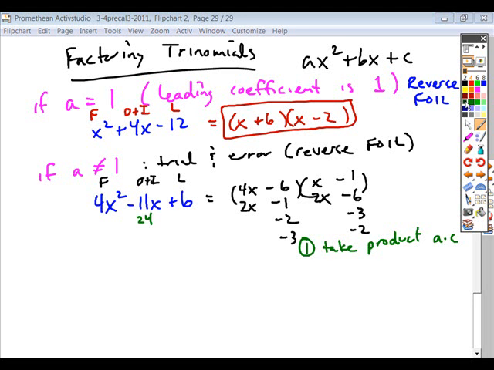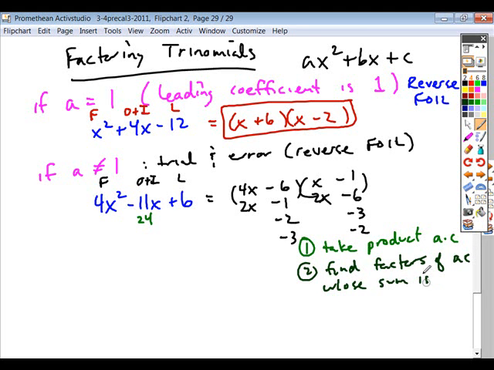Okay, once you take that product, you're going to find factors of this product AC, whose sum is the B value, the middle term's coefficient. So what factors of 24 have a sum of negative 11? What two numbers multiply to give you 24 but add to give you negative 11?